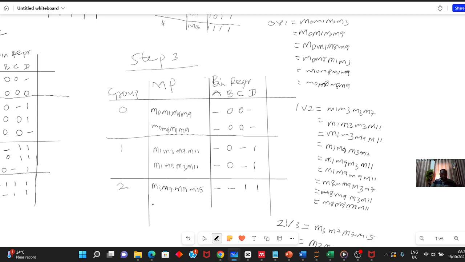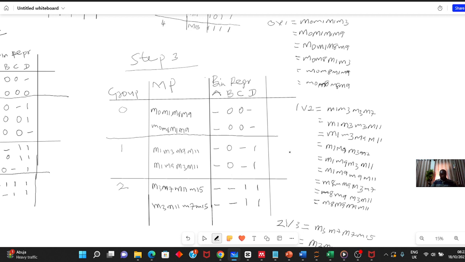The next pairs you are going to keep is M3, M11, M7, M15, and the binary representation is dash dash 1 1. These are the match pairs you are going to keep.